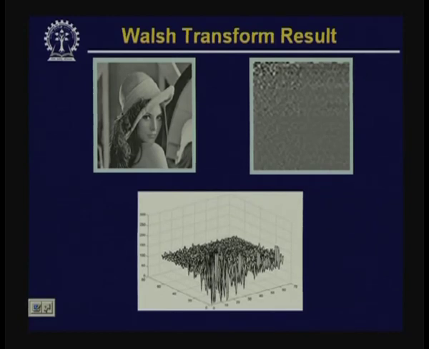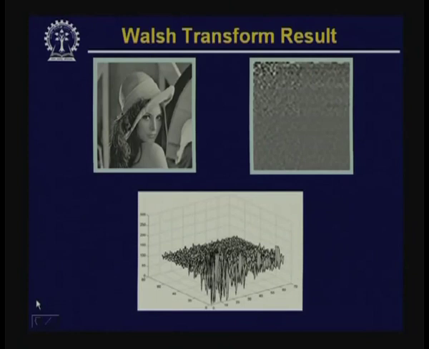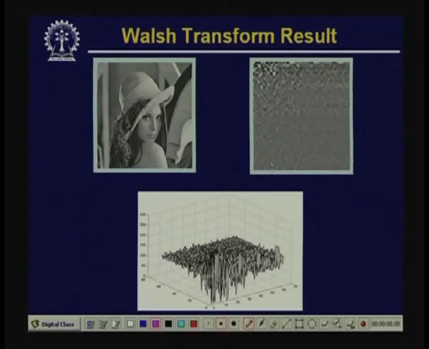So, this transformation also has the energy compaction property, but here you find that the energy compaction property is not as strong as in case of the discrete cosine transformation. So, here the coefficient energies, which are mostly concentrated in this particular region, are not that strong as the compaction of energy in case of discrete cosine transformation.